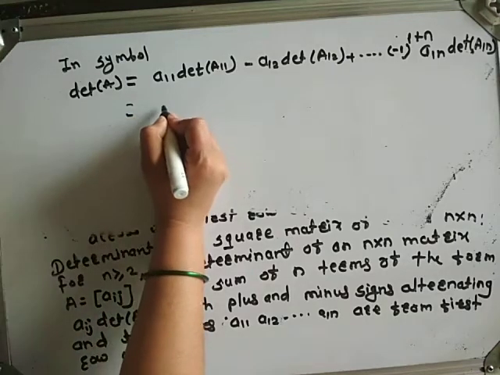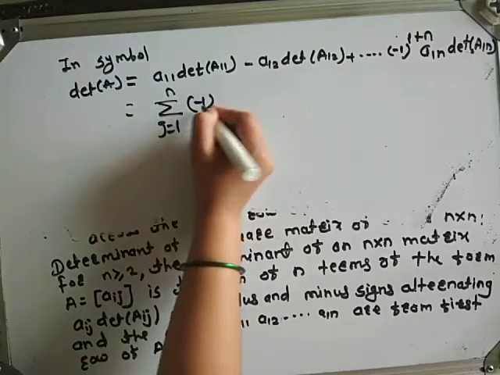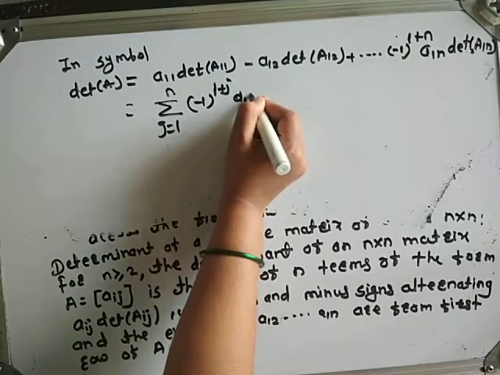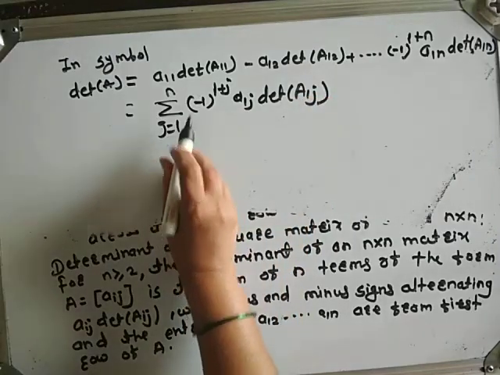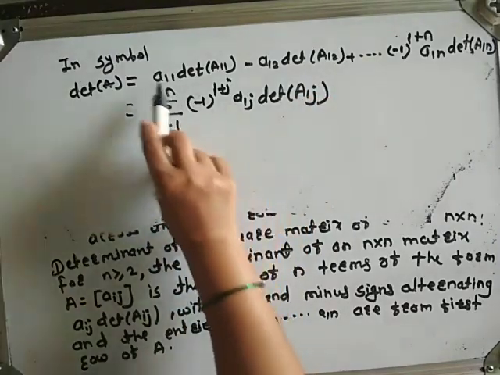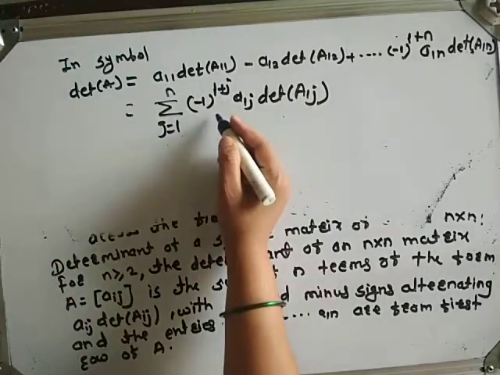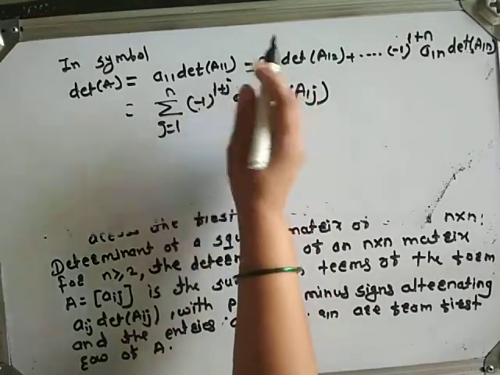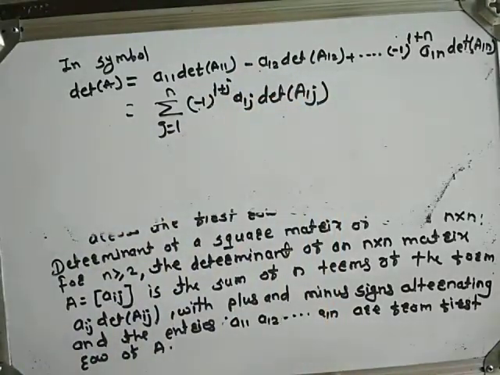This can be written as the summation with j running from 1 to n of minus 1 raised to 1 plus j, A1j into determinant of A1j. If you put j equal to 1, we get A11 determinant of A11. If you put j equal to 2, then minus 1 raised to 3 is minus, so minus A12 determinant of A12, and so on.